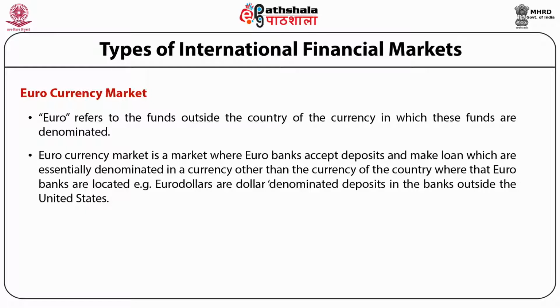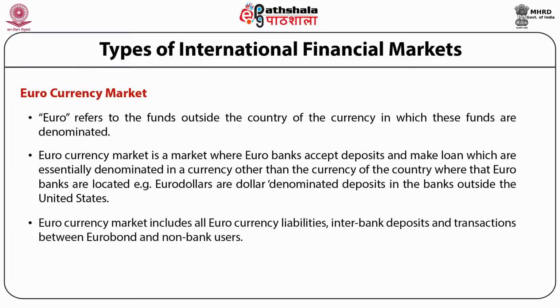For example, euro dollars are dollar denominated deposits in banks outside the United States. Usually, euro currency market includes all euro currency liabilities, interbank deposits, and transactions between euro banks and non-bank users. But in its actual sense, it includes only those deposits and loans which take place between euro banks and non-bankers.